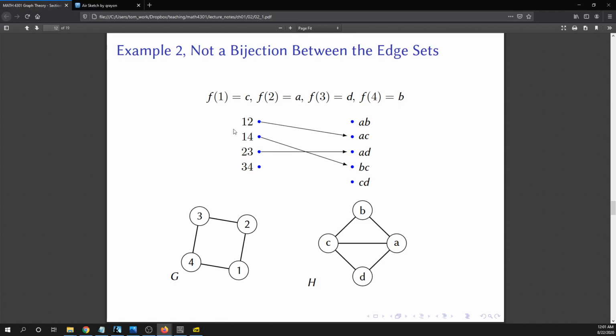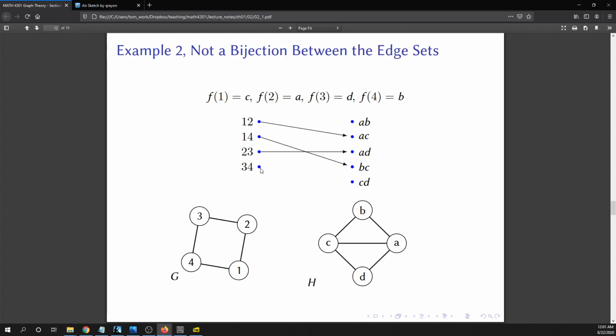If you're talking about this as being the domain, it's not a function on the edge set, because there's an element of the domain that doesn't get sent anywhere. That induced relation is not even defined here. Okay, it's not in there, so that's a problem.